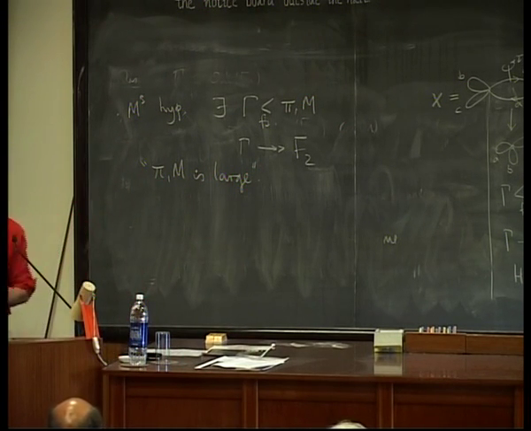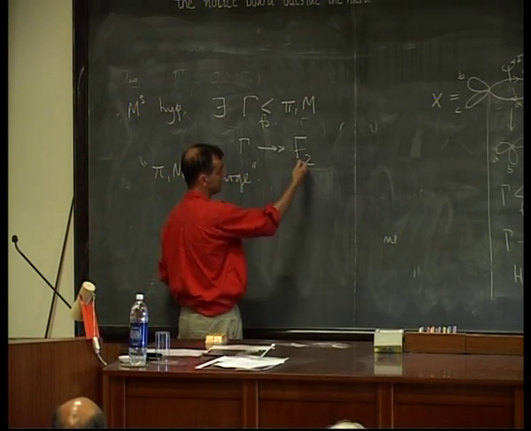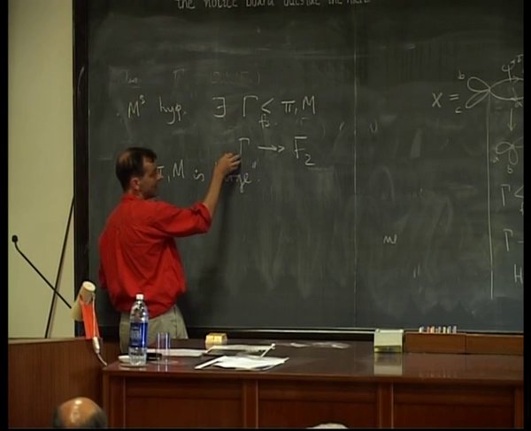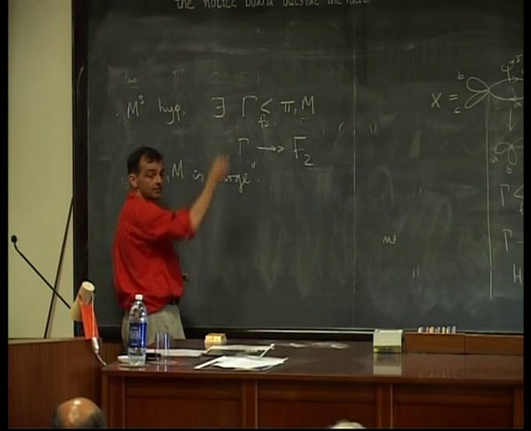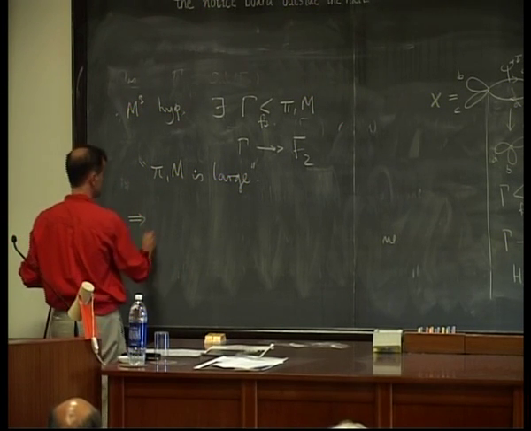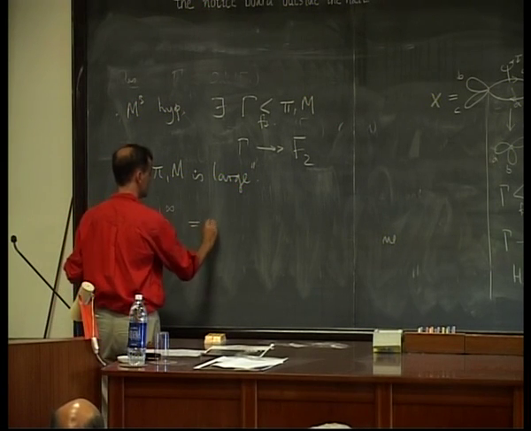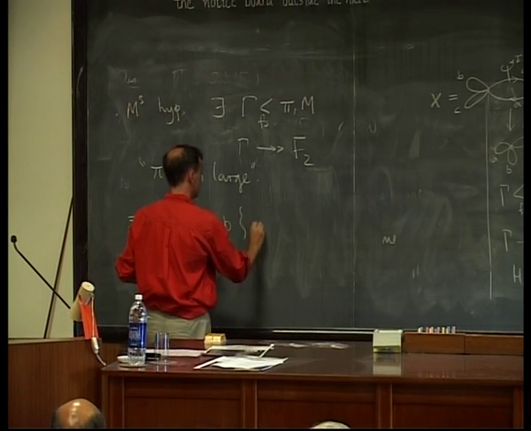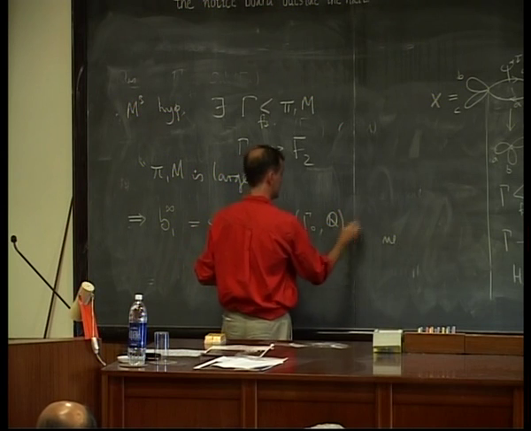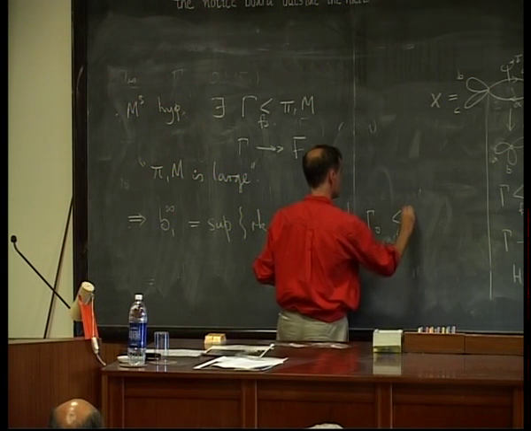Okay. Now, if you map onto F2, then by passing to subgroups of finite index in F2 and pulling them back, you get a sequence of subgroups of finite index in gamma where the rank of the first homology is going to infinity. So if you're large, that implies what's sometimes called infinite B1: the sup of the rank of the first homology of gamma naught, with Z coefficients, over gamma naught of finite index in your group, is infinite.